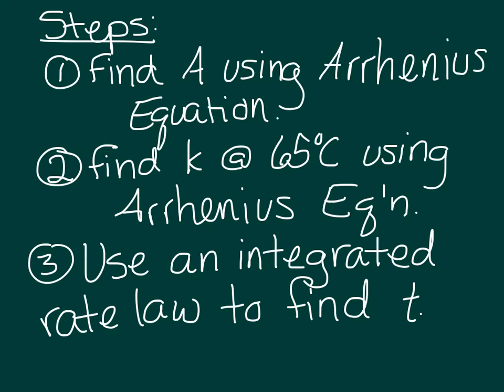Then you need to find k at the new temperature, at 65 degrees, using the value of A that you found in step 1. And then lastly, once you know k at the proper temperature, you can use an integrated rate law to find t. Pause the video again to go try it on your own, or continue on for the full solution.